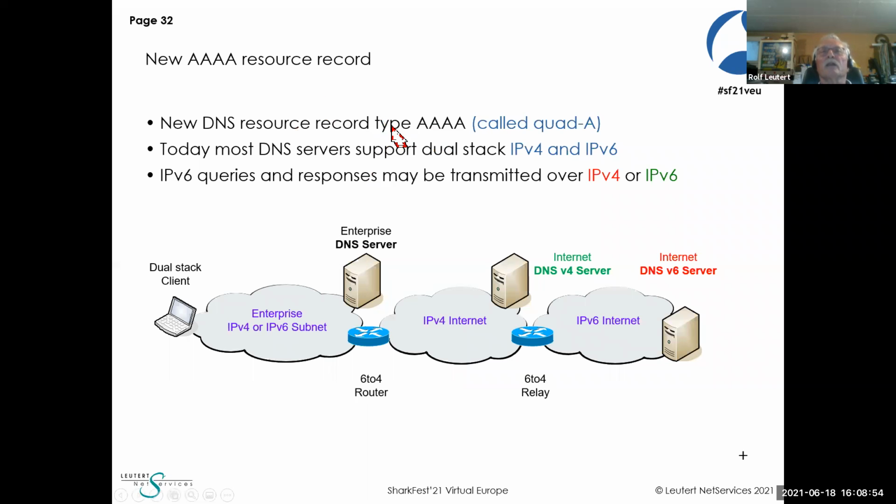And in order to make it easier, because the address is 4 times longer, they just call it quad A record. So if you want to communicate with a V6 server, you need an address which is, of course, IPv6. Most servers these days are dual stack, but you can even ask for a quad A record over IPv4.